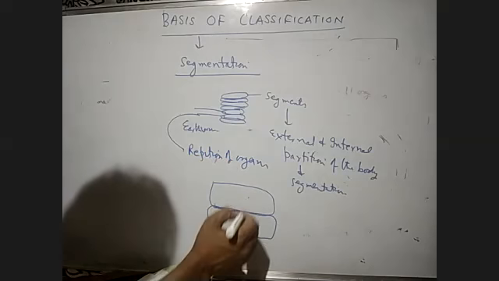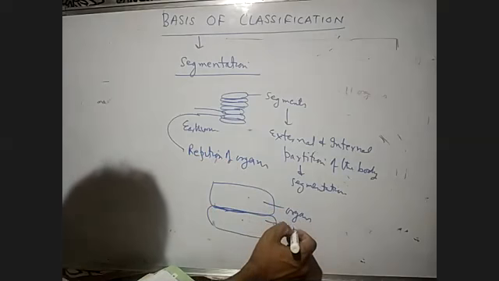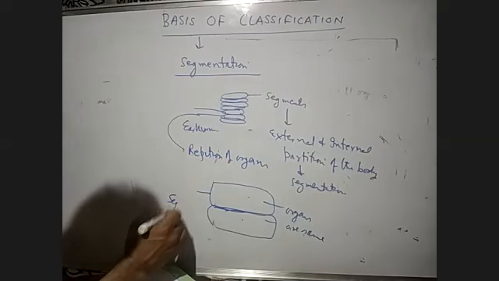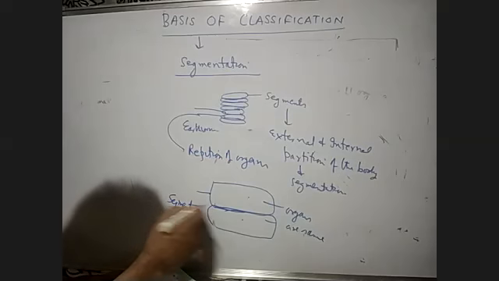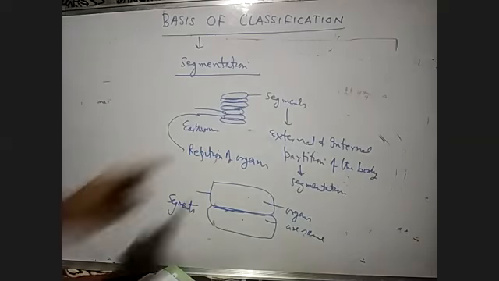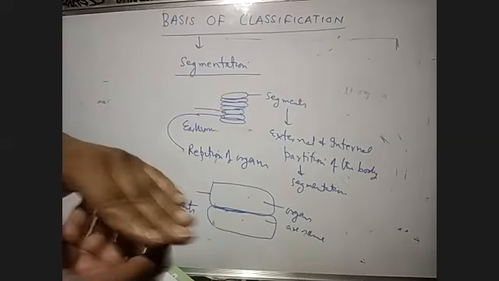Here you see the organs are the same. Organs are repeated, and this is the segment. So in some animals, the body is externally and internally divided into segments. Not only outside, inside also the same.